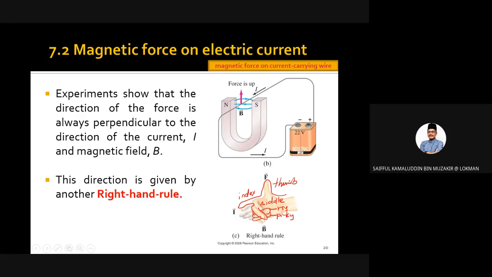So in the second right hand rule, you only use your thumb, your index finger, and also your middle finger. Your thumb is showing the force, your index is showing the direction of the electrical current, and your middle finger is showing the B, which is the magnetic field. Many books will show you many ways of the right hand rule.